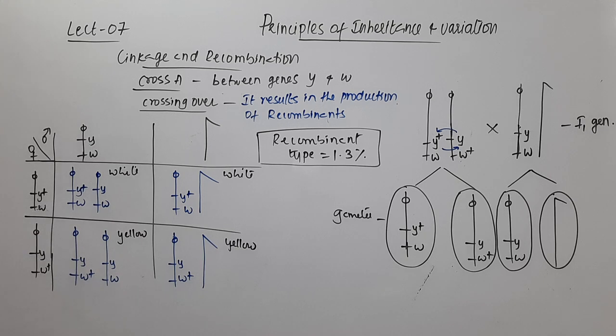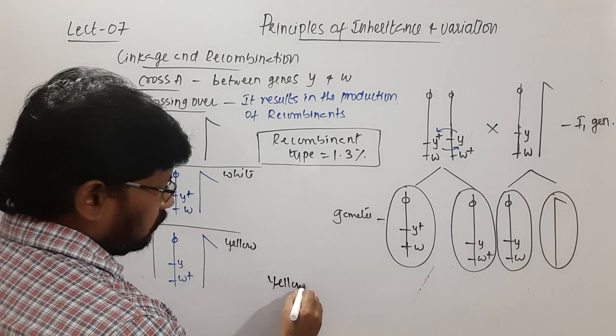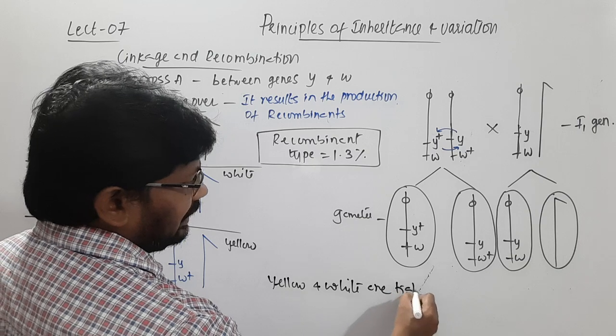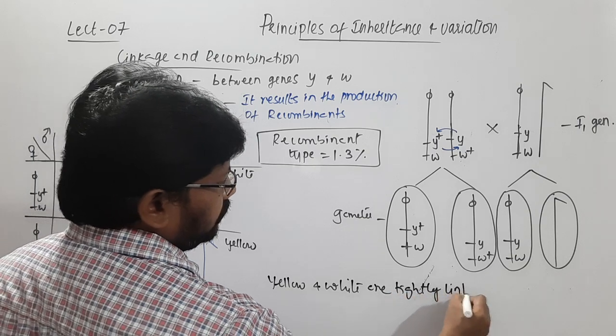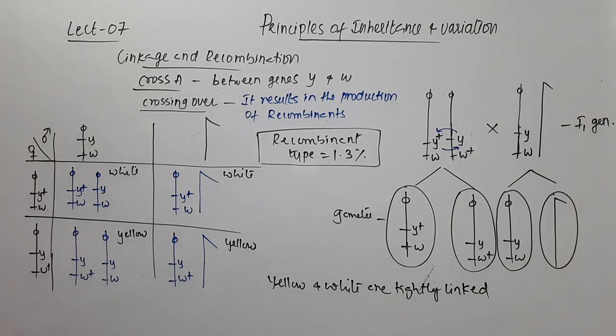So this indicates that the linkage between yellow and white is strong. So yellow and white are tightly linked. With this experiment we came to know that yellow and white are tightly linked.